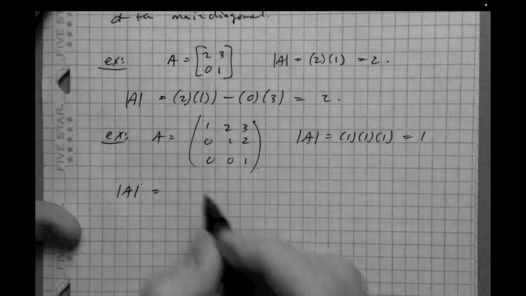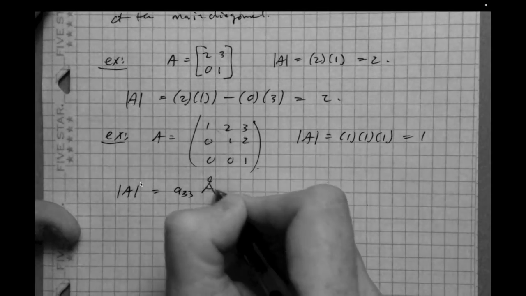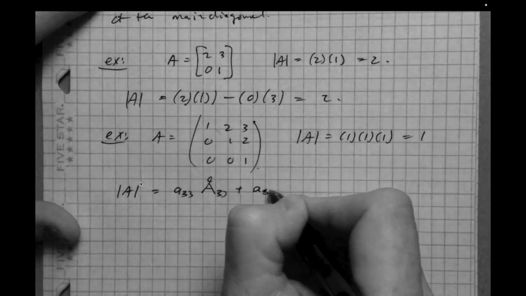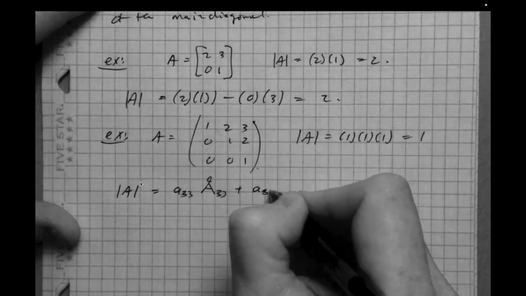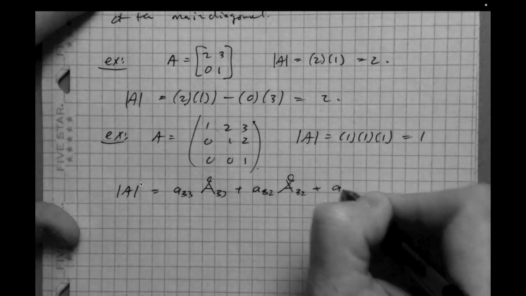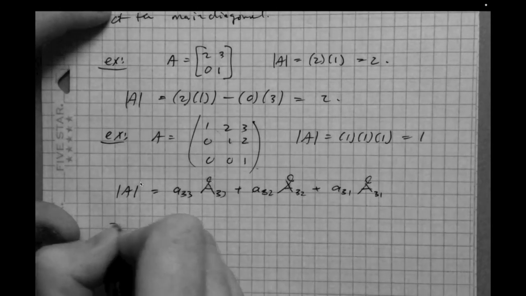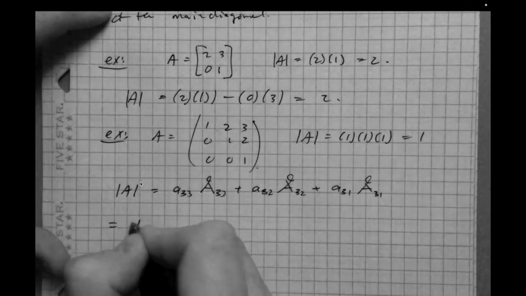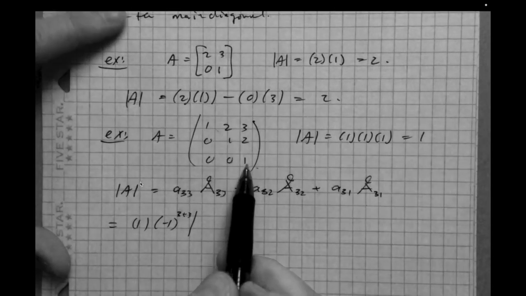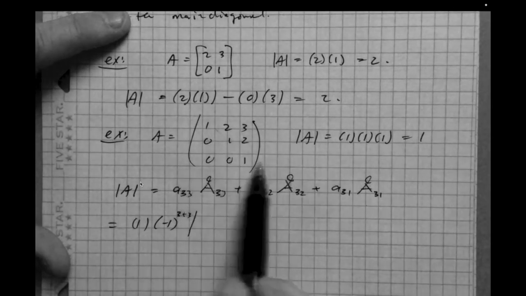Recall that that's going to be A33 times script A33 plus A32 times script A32 plus A31 times script A31. A33 is 1, and then it's negative 1 to the 3 plus 3 power times the submatrix that you get when you remove the third row, third column.